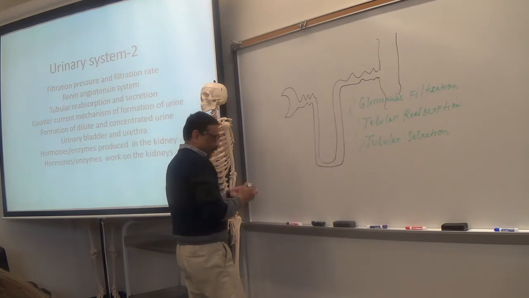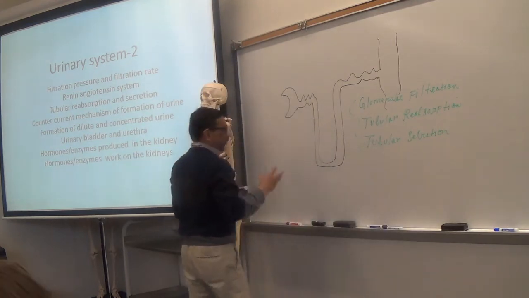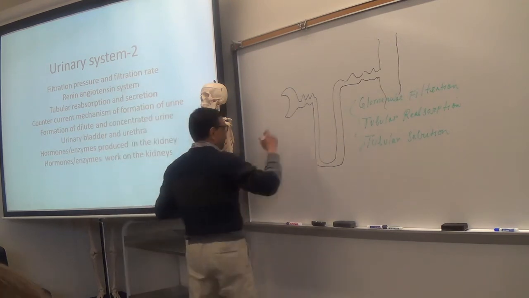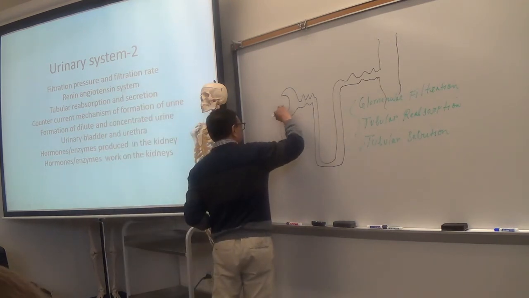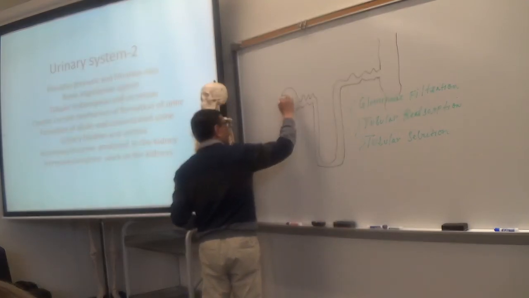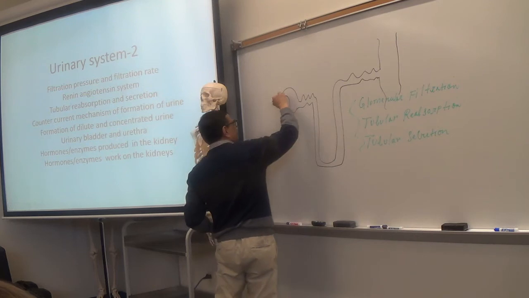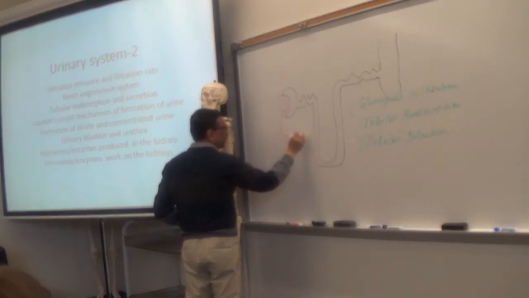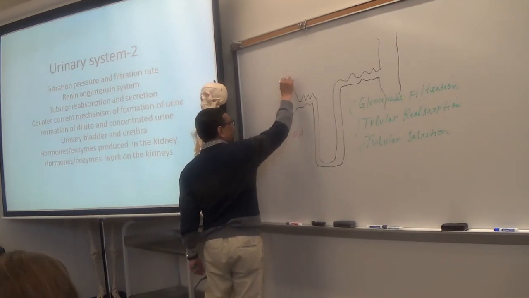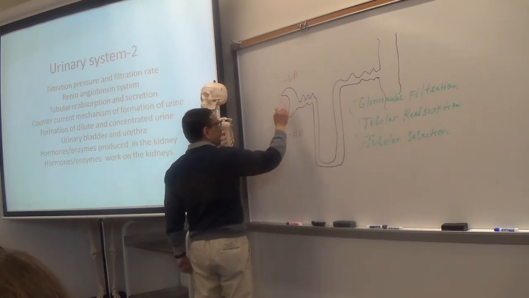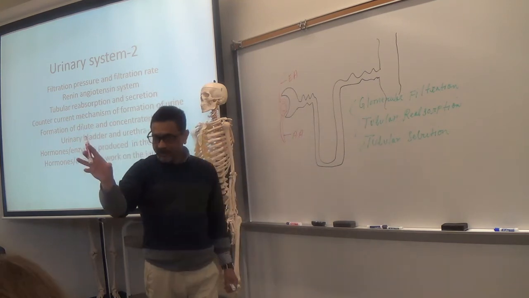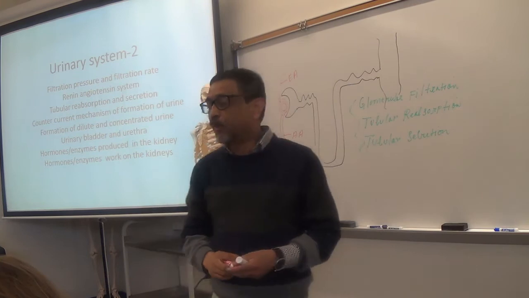And the capillary ball, tuft of capillary, which is called the glomerulus. We talked about that in last class. Like this, a ball of capillary. And this is afferent arteriole, this is efferent arteriole, and in between you have a tuft of capillary. That is called the glomerulus.